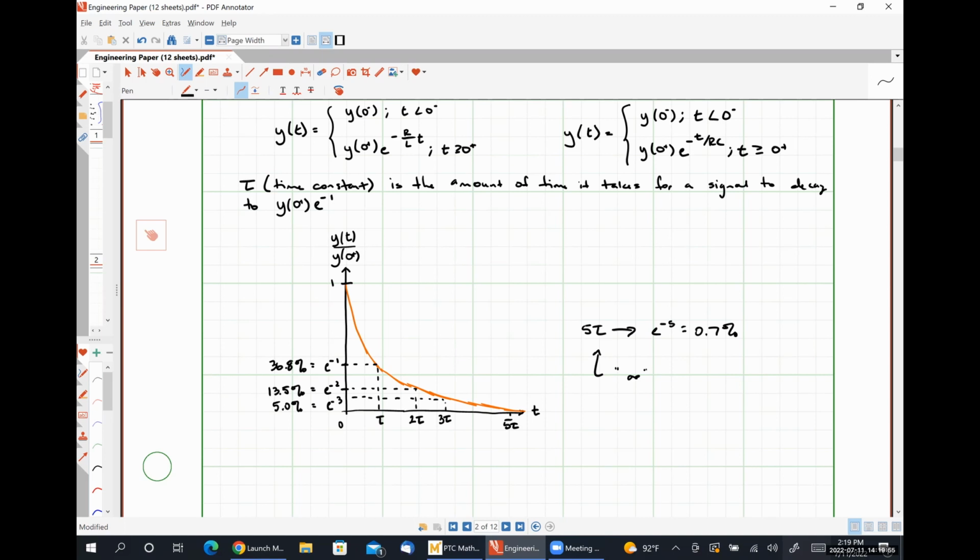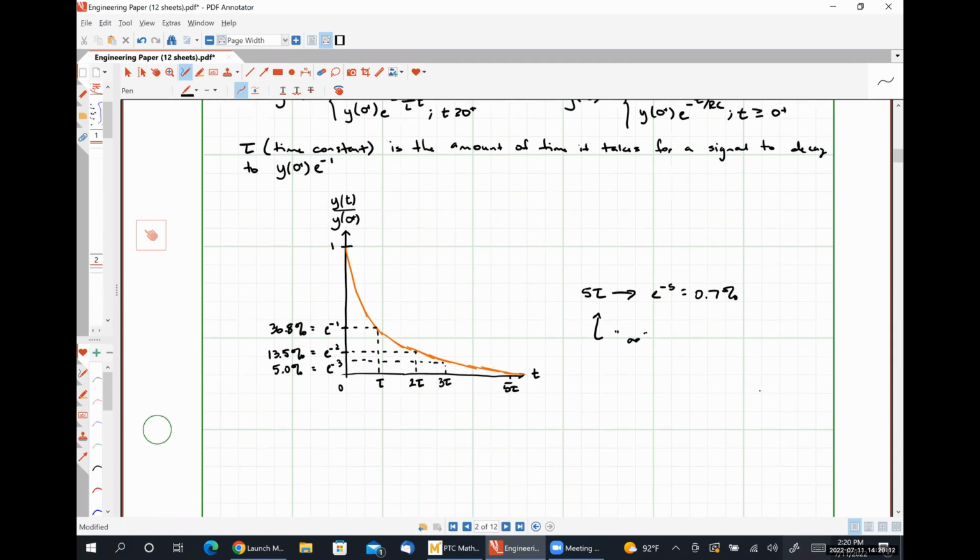So after 5 time constants, our transient condition is effectively over, and we've moved back to a DC steady state condition, okay? Well, for an RL circuit, tau is simply L over R. And for an RC circuit, tau is simply R times C.